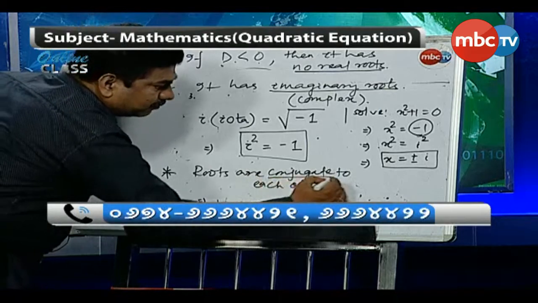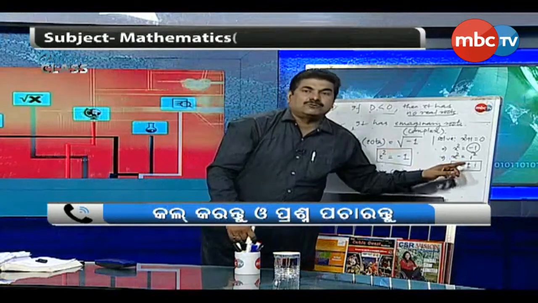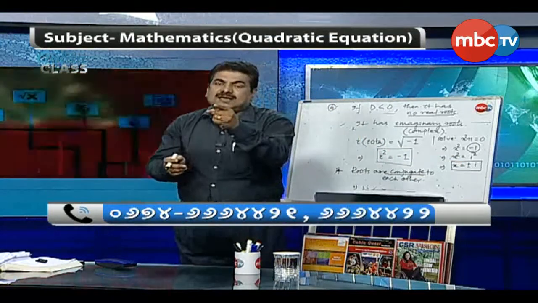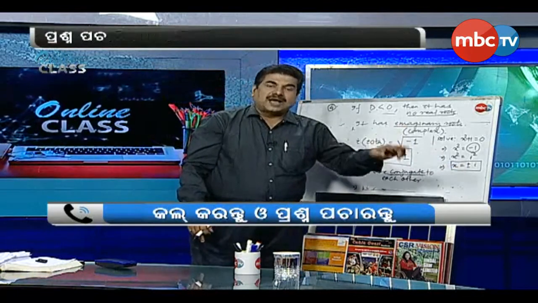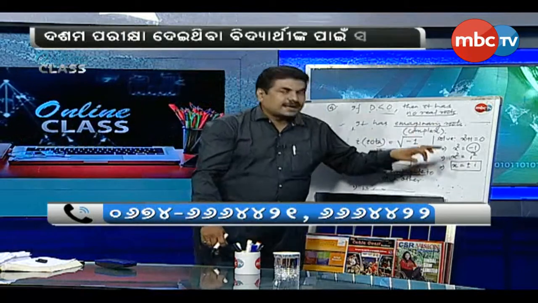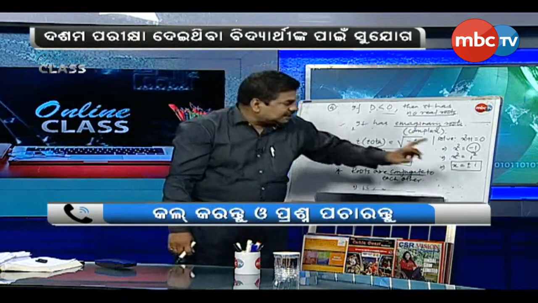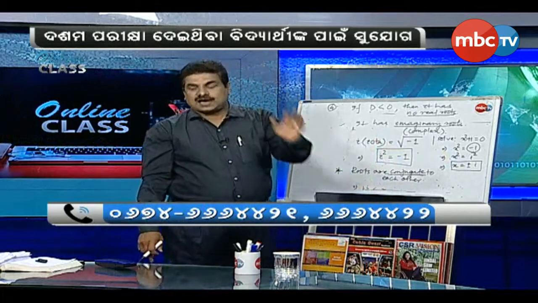What is the meaning of conjugate here? If one root is plus i, then automatically the other root is minus i. This is also a quadratic equation, but it has two roots. If one root is plus i, then the other root is minus i.